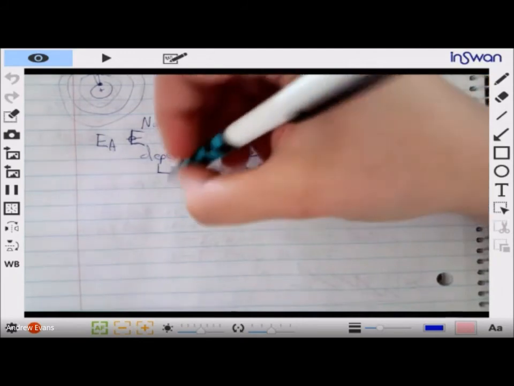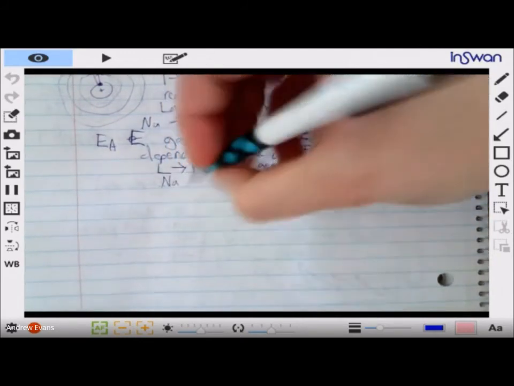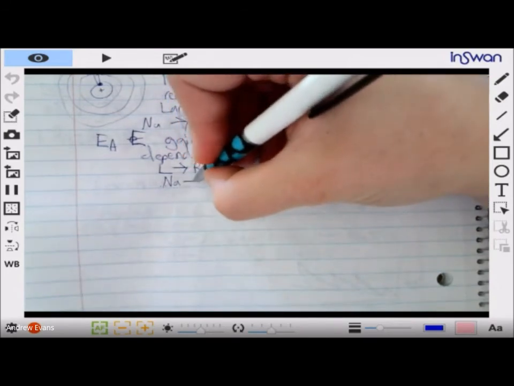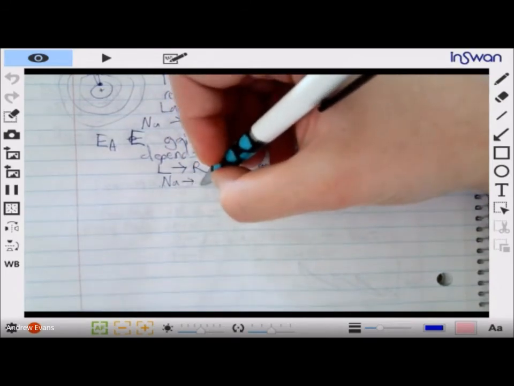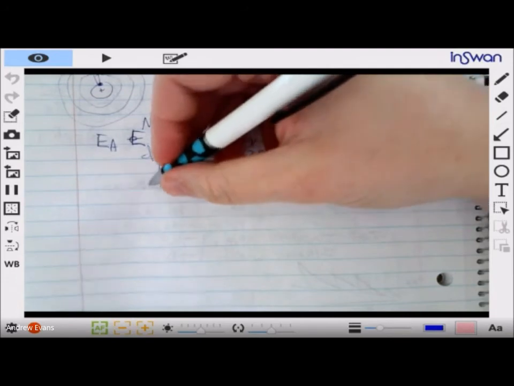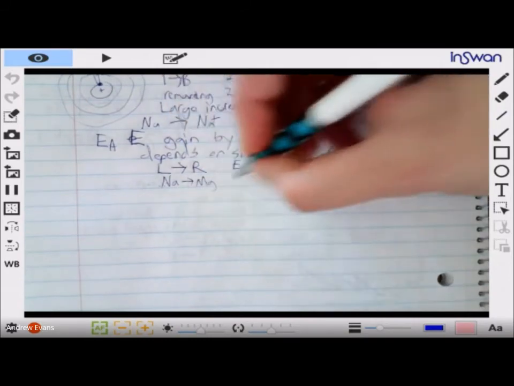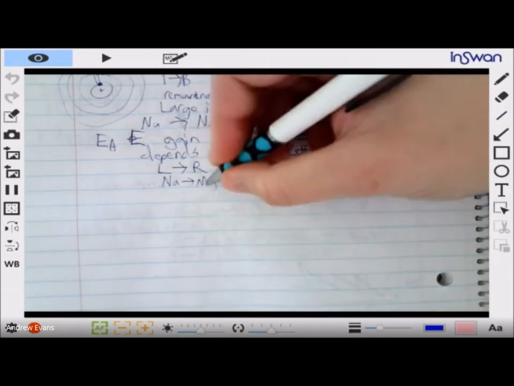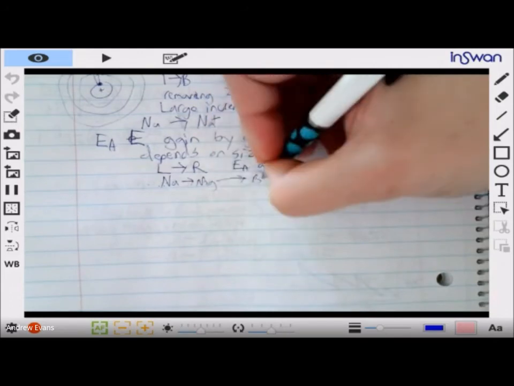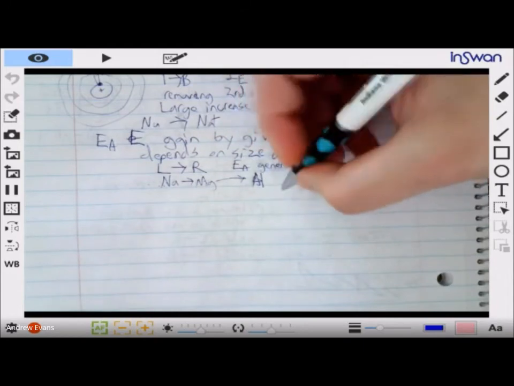For example, if you're going from sodium to magnesium, you might see a bucking of the trend because one electron pairs up, and so you would have to pair two electrons, which are repulsive. Then we see a big jump when we go from magnesium to aluminum, and that is an unfilled p orbital.